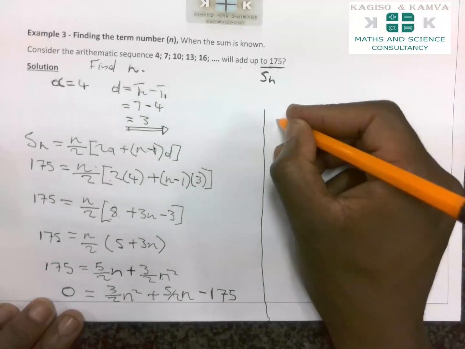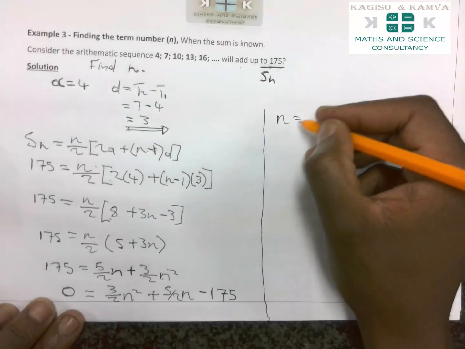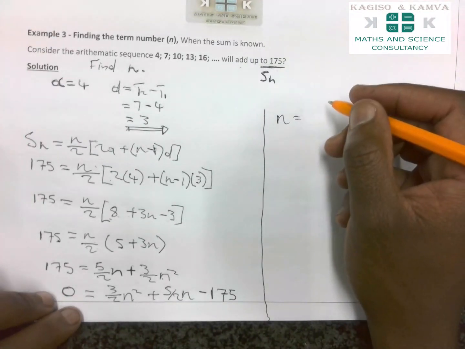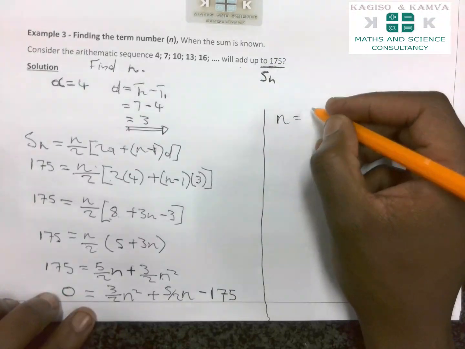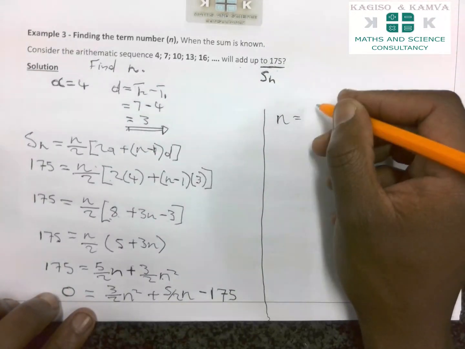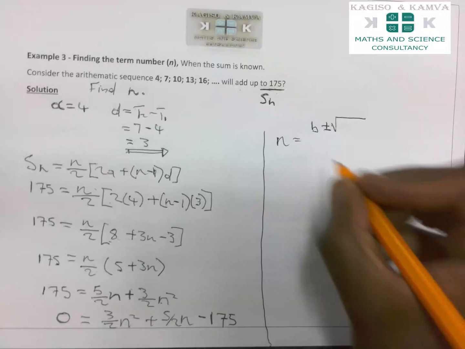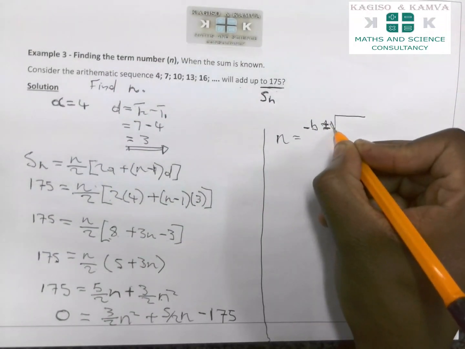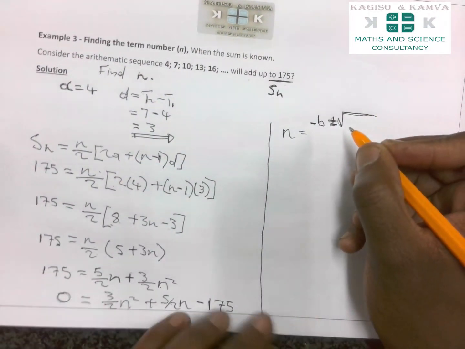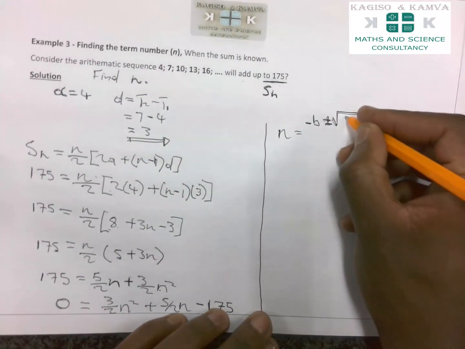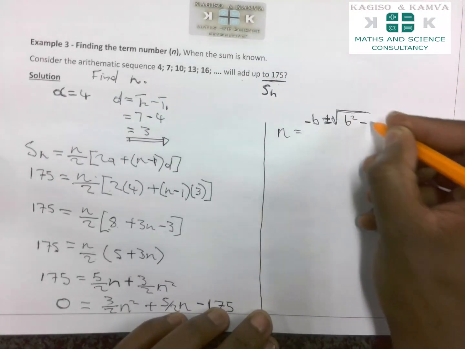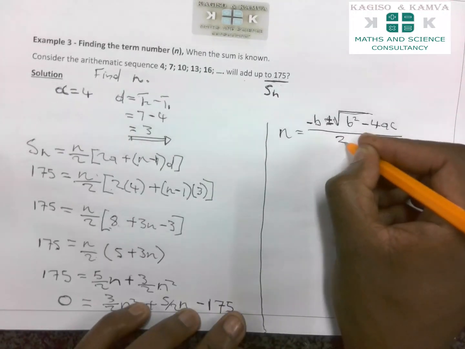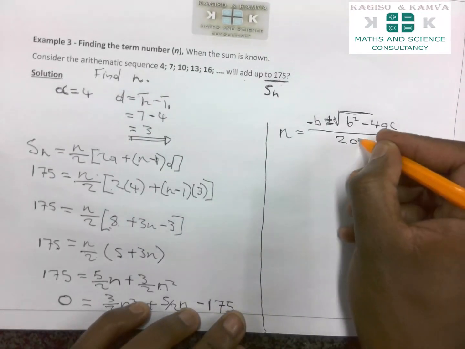With our quadratic equation, we're going to say n is equal to negative b plus or minus the square root of b squared minus 4ac, over 2a.